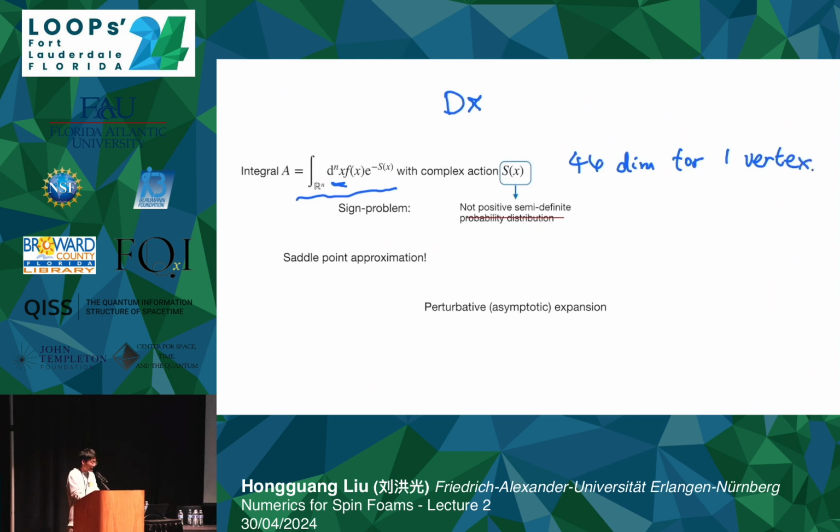But luckily, we know our S can be written as a sum of spins times some other part, so it's linear in spin. So when we have large spins, which is the asymptotics, we have the saddle point approximation, which we usually use to derive the path integral in quantum mechanics and quantum field theory.